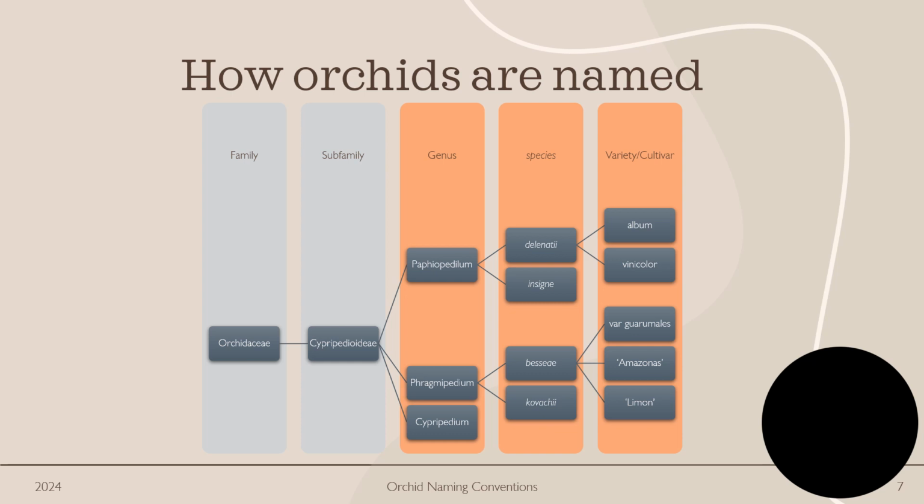From delenatii, we have 2 varieties or cultivars listed here. There are more, but I'm just listing 2 here. A variety or a cultivar is where humans have selected traits within the natural variation you find within species.